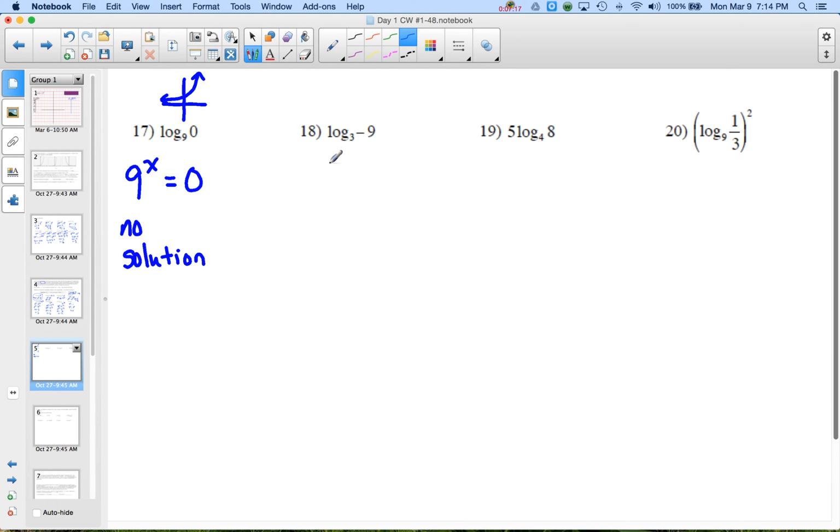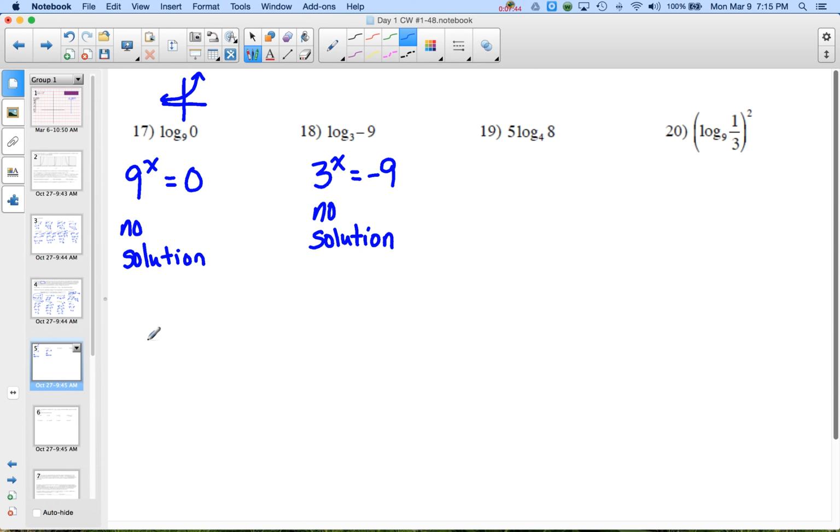Okay? Next, 3 raised to what power is negative 9? Well, just like I talked about up here, this is saying 3 raised to what power is going to give you a negative. Well, take a look here. It's always positive, always positive. So this is no solution. And actually, this is something that we can learn now about taking a logarithm for any log base.